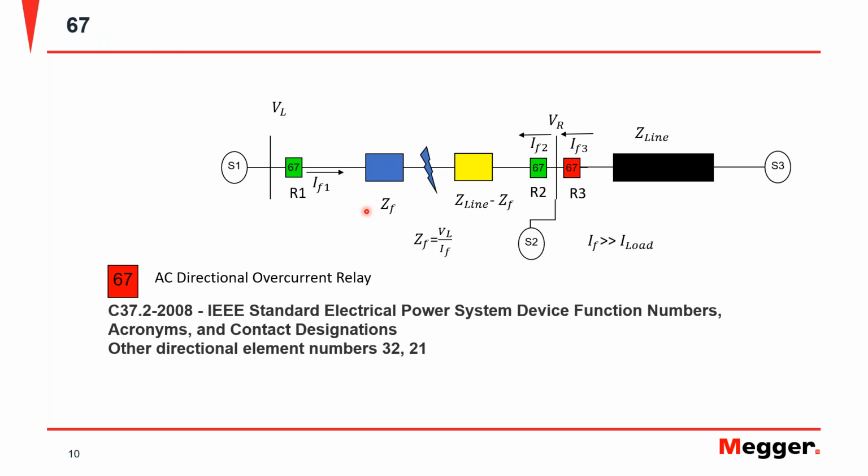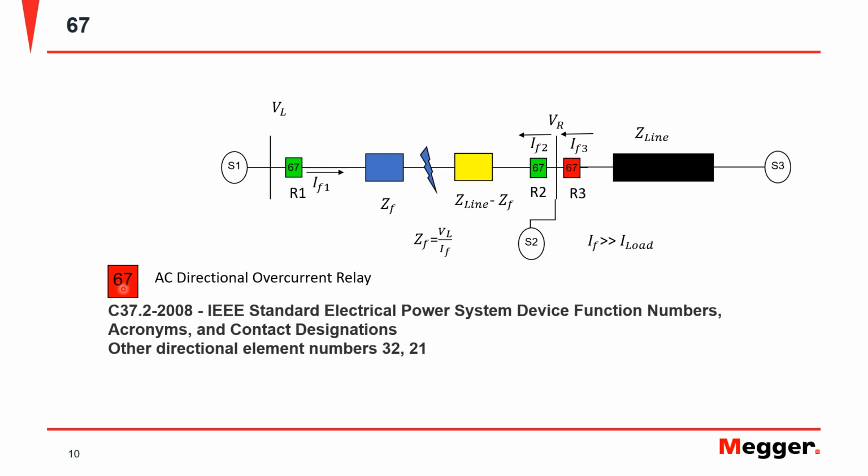But you should have a way or means of determining the direction or the place where the fault happened in the power system. Now, the element in the ANSI standard that deals with the determination of directionality of a fault is element number 67, which is described in the C37.2 from 2008 as an AC directional overcurrent relay.